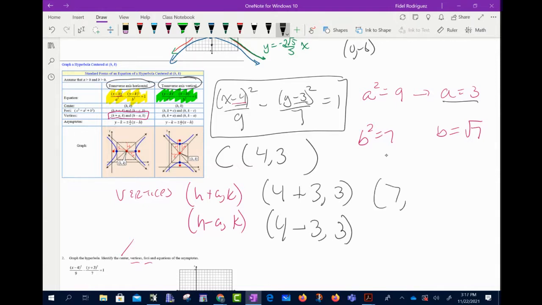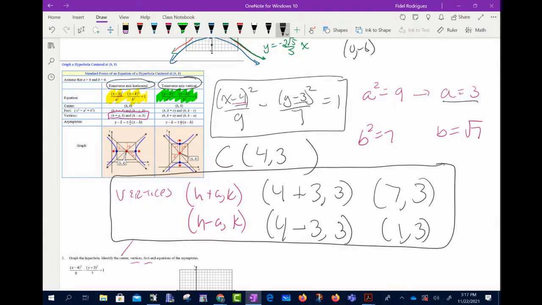So my vertices are going to be at the points 7 and 3, and, oops, not negative 1, but positive 1 and 3. So these right here, y'all, are my vertices. So far, so good?